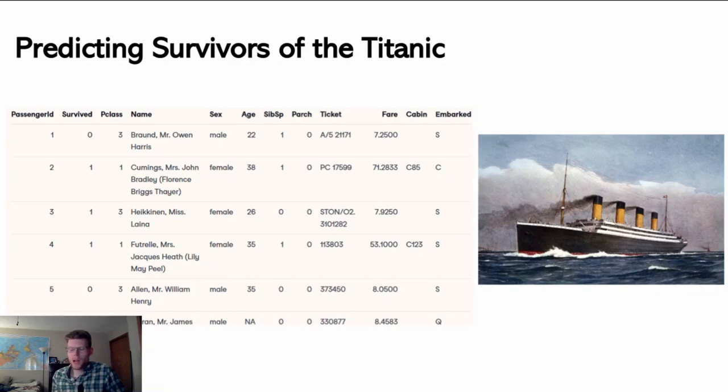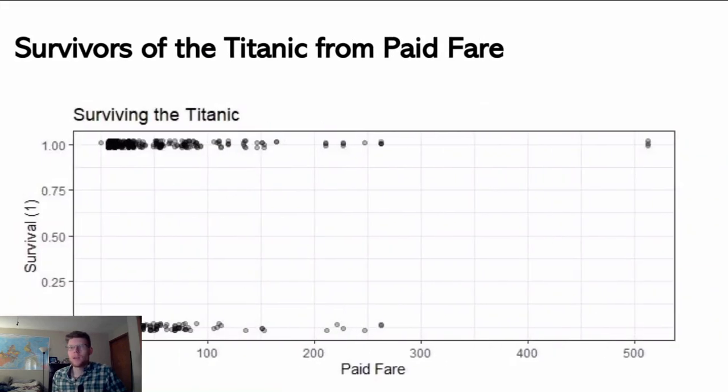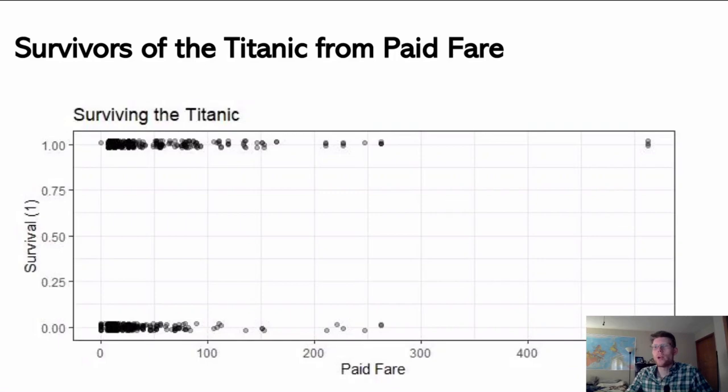So in particular, I'm going to pick fare as a predictor variable for their survival. I'm curious if there's a relationship there. So if I plot this onto a graph, survival is going to be represented with 1, not surviving is going to be represented with 0, and so we can immediately see where people fall with respect to the fare that they paid.